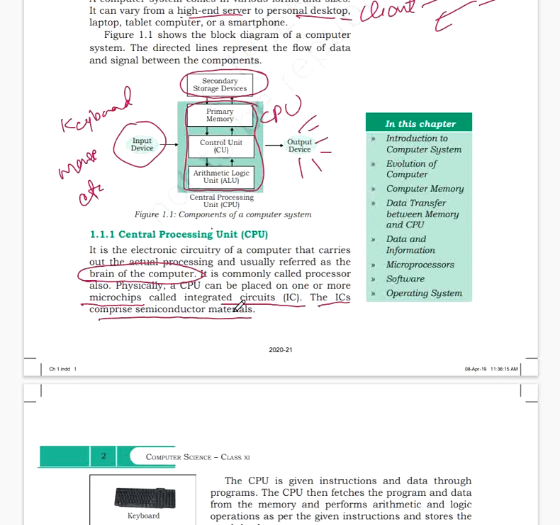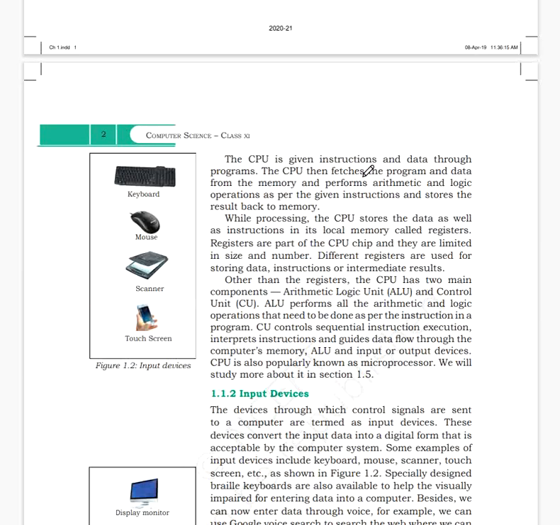In a single IC, 100,000 and even millions of electronic components like diodes, transistors, and capacitors are fabricated. So, what is a CPU? A CPU is basically a combination of primary memory, control unit, and ALU. It may be in a single chip or a single IC, or a combination of different independent ICs.